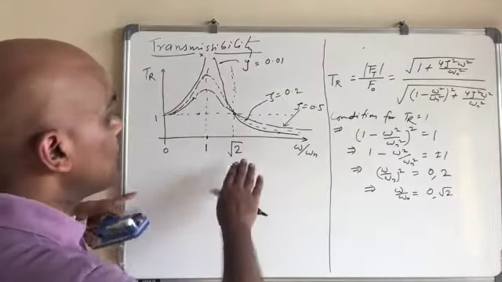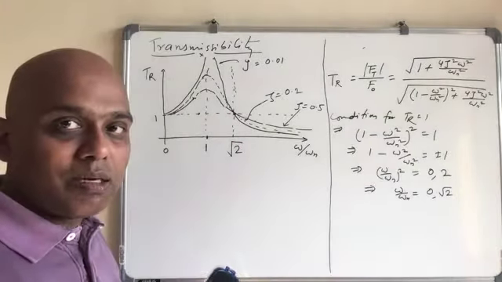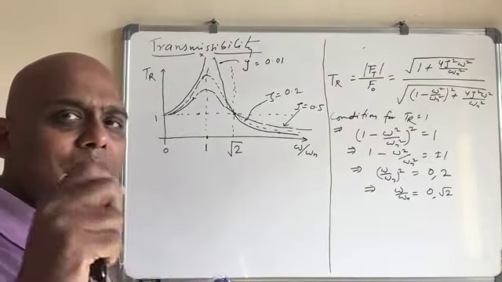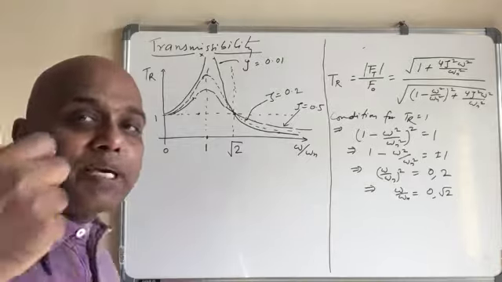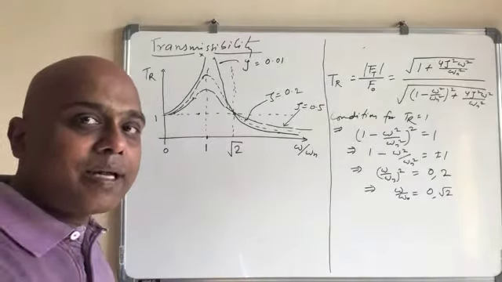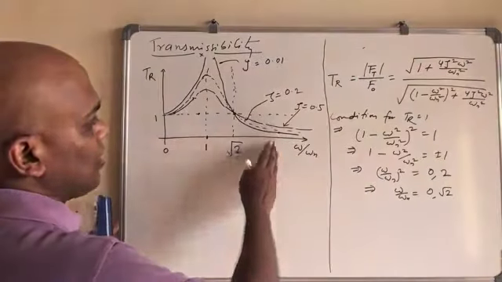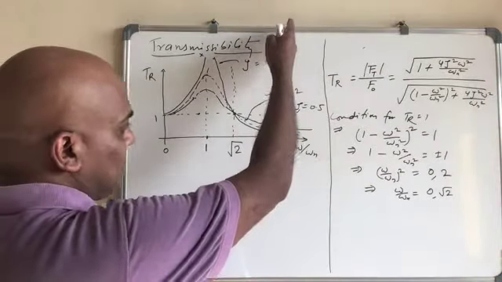Okay, so if you have a choice to operate omega, like the angular speed of the rotating unbalanced mass, then you should drive it here.